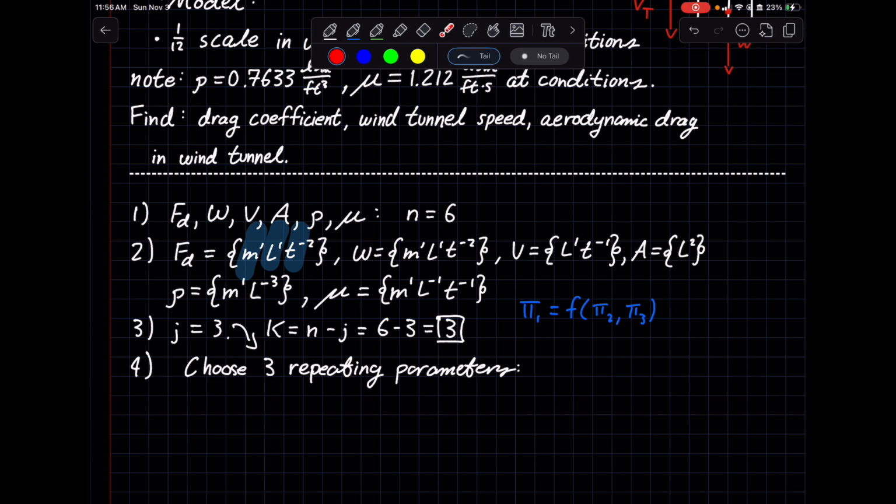The second thing, which is really crucial, is that we have to make sure that the length, time, and mass in our case, we have three up here, that we need to include all of those within our three repeating parameters. And to make this a little bit easier, I'm going to select those as V, our velocity, A, our cross-sectional area, and rho, our density.